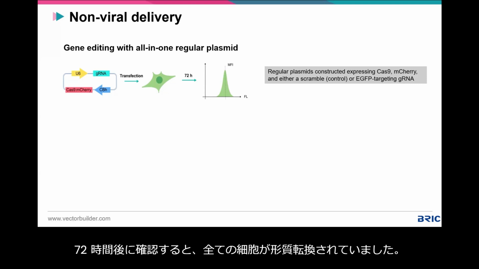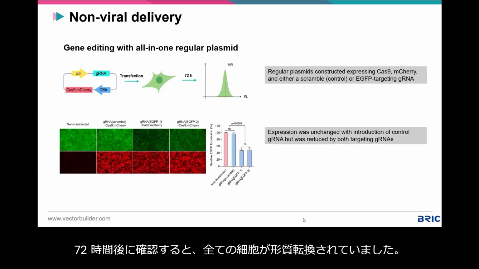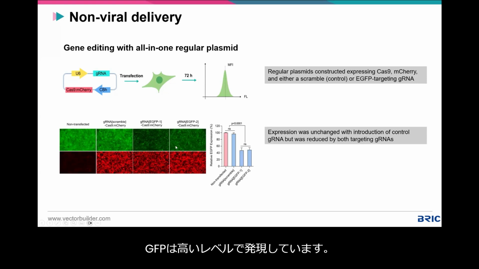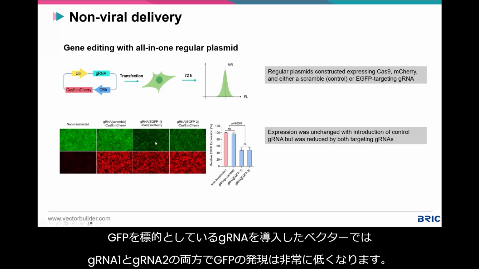So after 72 hours, when we check, like you can see, all the cells are transfected, and in the controls, non-transfected and scrambled guide RNA, the level of expression of GFP is pretty high, but in both guide RNA transfected vectors, guide RNA1 and guide RNA2, the GFP expression is pretty low because the guide RNA is targeting the GFP here.